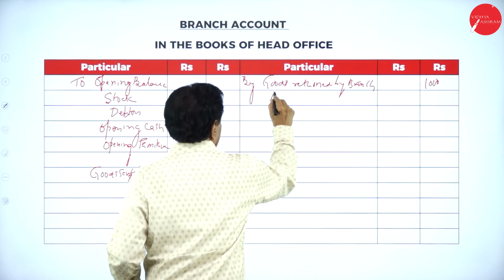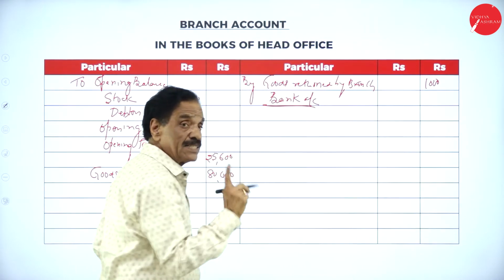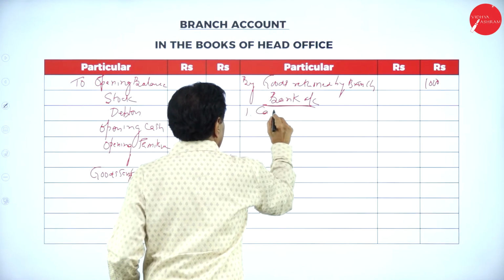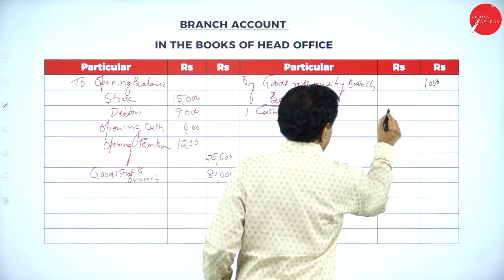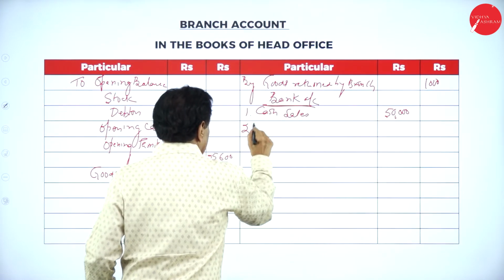Then by bank. What will come here? Cash sale and cash received from debtor. Number 1, cash sales. Your cash sale is 50,000. Number 2, cash received from debtor.